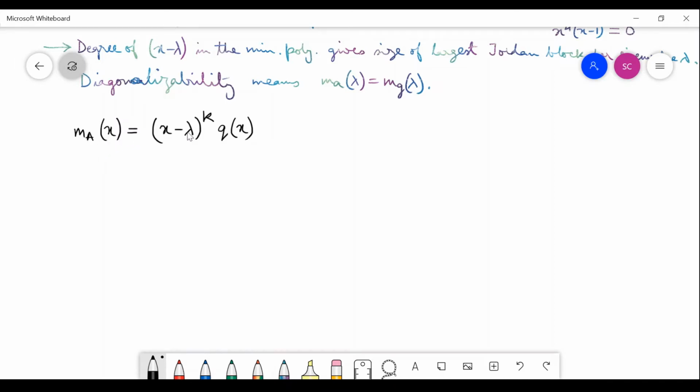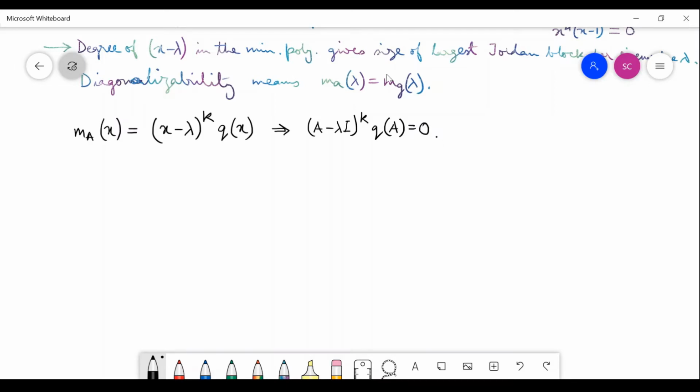So this minimal polynomial can be written as (x minus lambda)^k q(x), and of course you would understand that this implies (A minus lambda I)^k q(A) equal to 0.